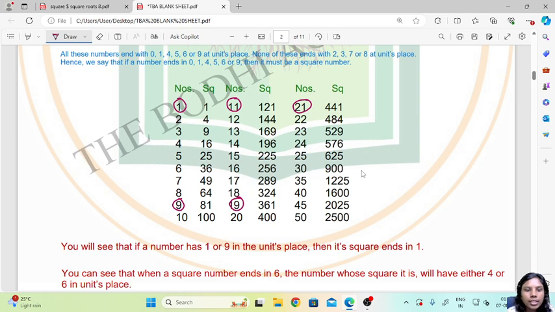So what we are seeing is that where there is 1, its square is 1, where we have 9, its square is 81, and this is 1.